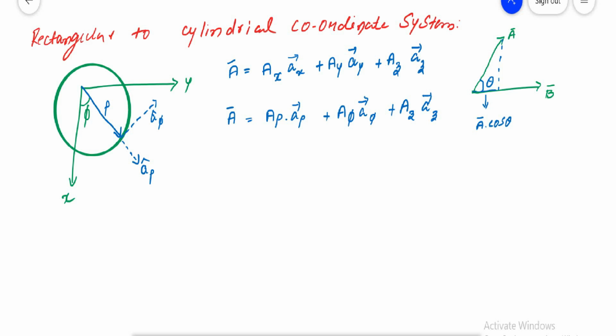So the projection of A bar on B is A bar into cos theta. Here we have to consider the projection in the direction of B bar, which can be written with one unit vector.